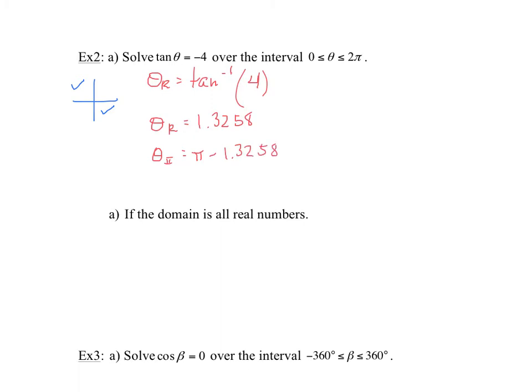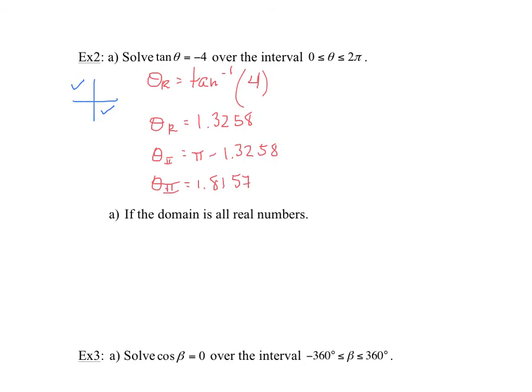So you'd have pi minus the angle of reference, which is 1.3258. Again, that's a radian value, so 1.3258 would be around 70 degrees-ish. Then your angle in the second quadrant is pi minus 1.3258, so I'll do that on my calculator. Your answer is 1.8157.